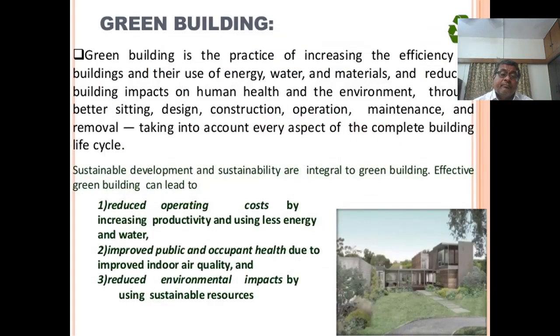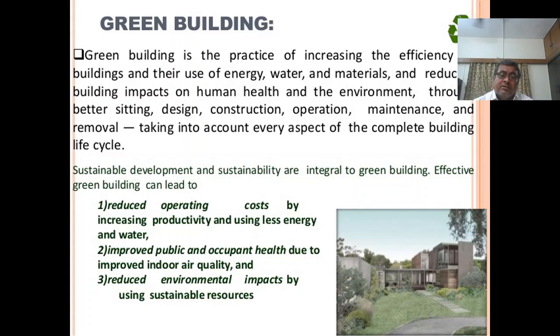Green building. Now green building is the practice of increasing the efficiency of buildings and their use of energy, water and materials and reducing building impacts on human health and the environment through better siting, design, construction, operation, maintenance and removal, taking into account every aspect of the complete building life cycle.